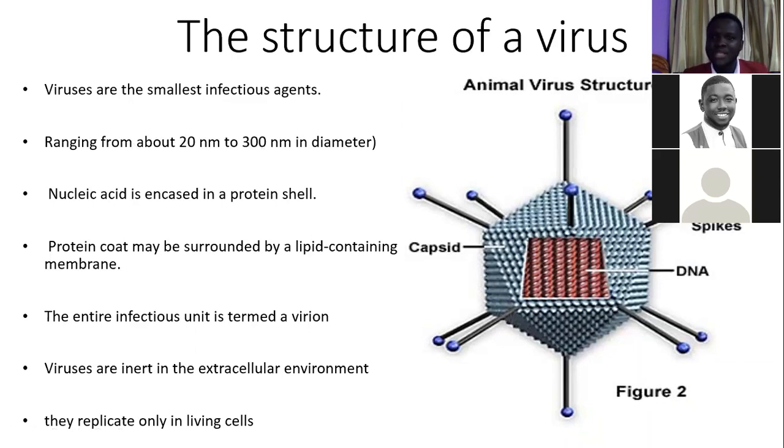When you take 1 meter and divide it by 1 billion, it gives you 1 nanometer. The smallest virus is the picornavirus, ranging from 20 to 24 nanometers, to the biggest viruses, which range up to 300 nanometers.